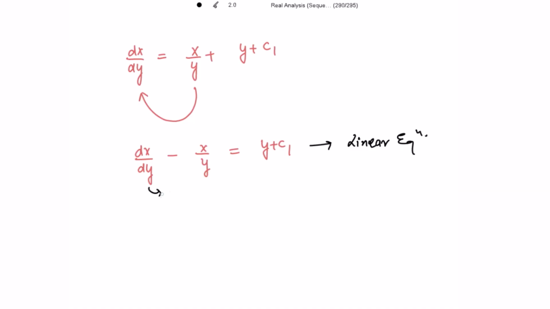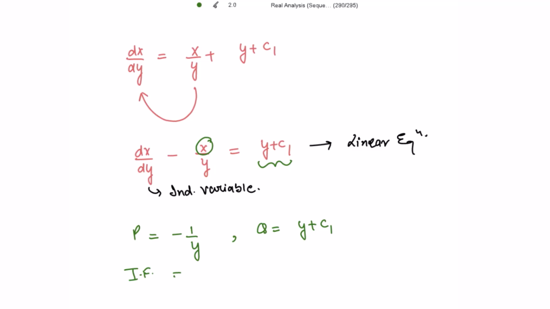where again y is your independent variable. What is p? It is the coefficient of x, that is minus 1 by y. And what is q? What is present on the right hand side, that is y plus c1. So finding the integrating factor, that is equal to e to the power integral of p into, yes, dx or dy. It is dy. We have to write the independent variable, and the independent variable is y.